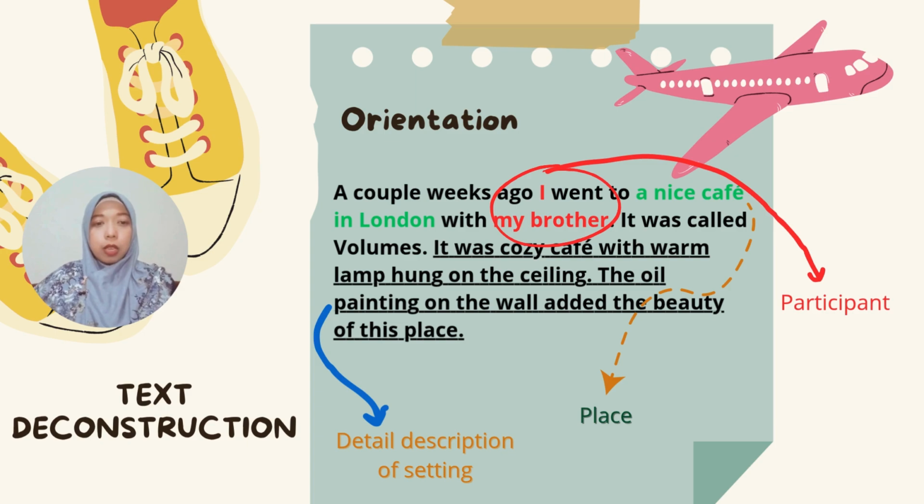The oil painting on the wall added the beauty of this place. See, in this part, we can see the participant, I, and my brother. We also understand that this story happens a couple weeks ago, and the place was at a nice cafe in London. The name is Volume. We can also find the detailed description that the writer used to describe the place of the story.